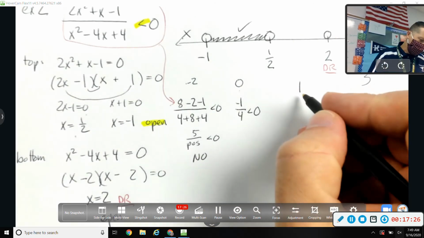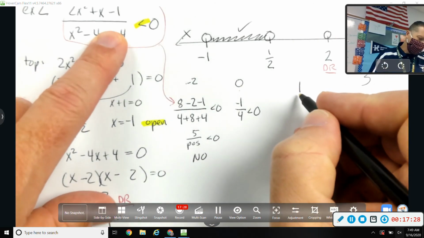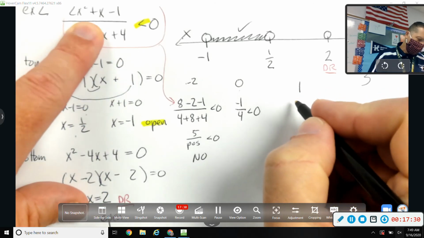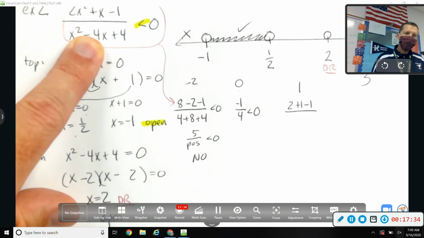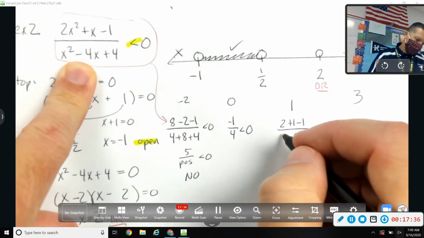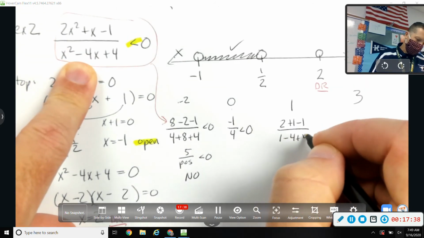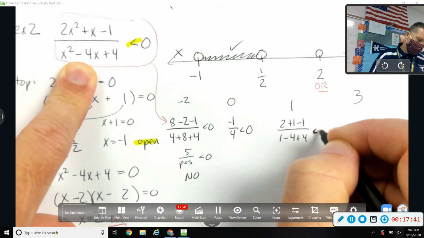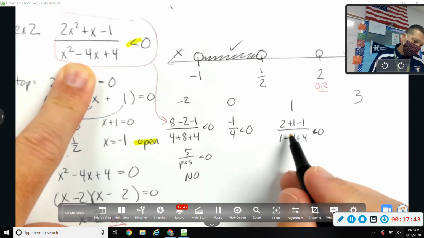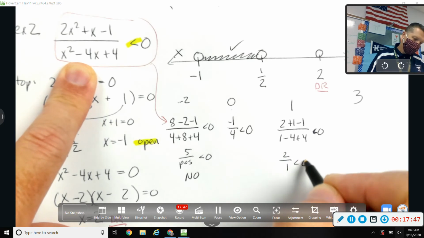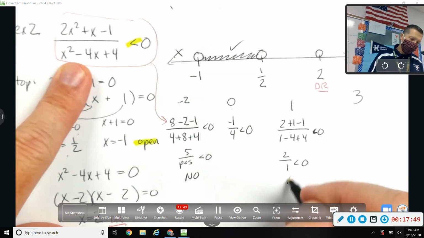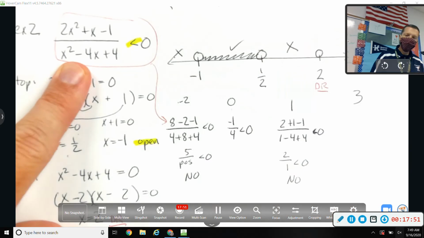So let's check 1, although I'm pretty sure it's a no. If I plug in 1, I get 2 plus 1 minus 1 over 1 minus 4 plus 4. That's an easy check. That's 2 over 1. No, that's not true. 2 is not less than 0. So we put an X on that one.